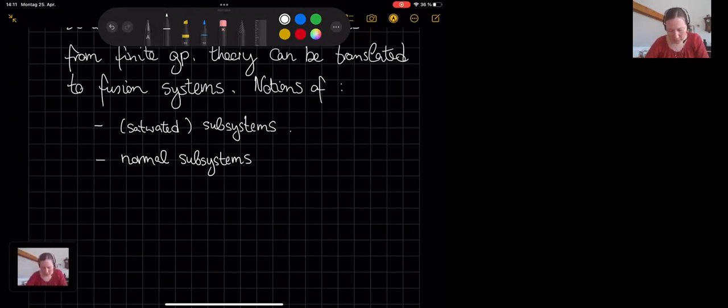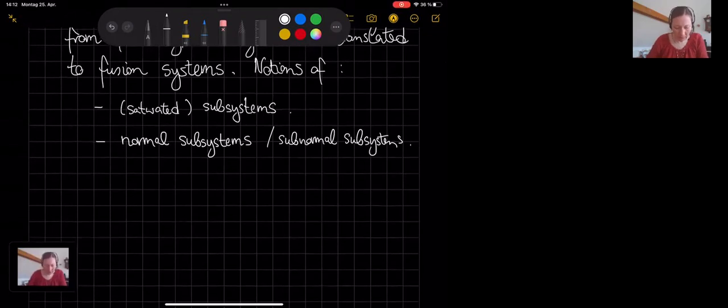If you have normal subgroups defined, then you take the transitive closure of this normality relation to get subnormal subgroups, and the same thing we can also do here. We then also take subnormal subsystems. Okay, so if you look at normal subsystems, similarly as in groups, the trivial fusion system, so the fusion system of the trivial group, and the entire fusion system will always be normal subsystems. If these are the only ones and they are different, then we call a fusion system simple.